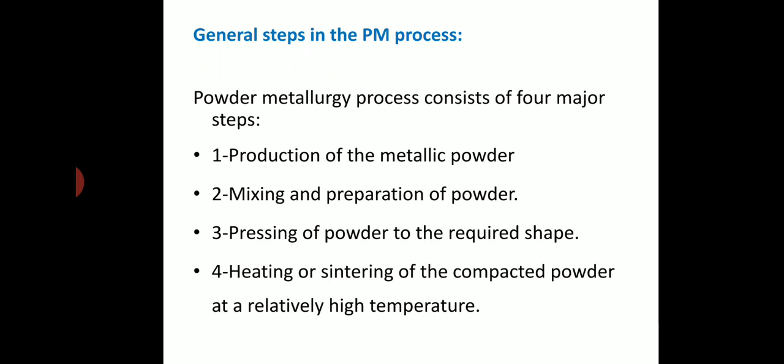The third one is pressing of powder to the required shape, that is compacting. Then the fourth one is heating or sintering of the compacted powder at a relatively high temperature.